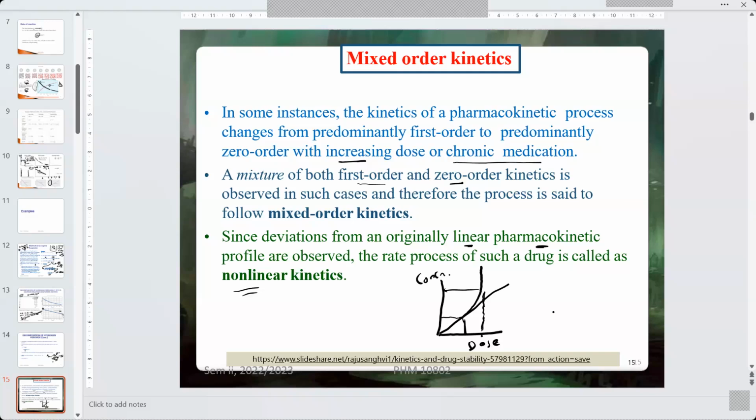Okay, so in linear pharmacokinetics, the concentration we get is proportional to the dose we give. But in nonlinear pharmacokinetics, concentration is not proportional to the dose. Okay?